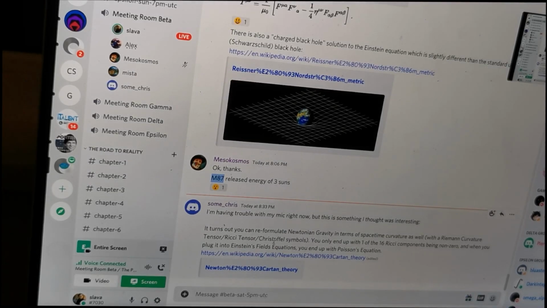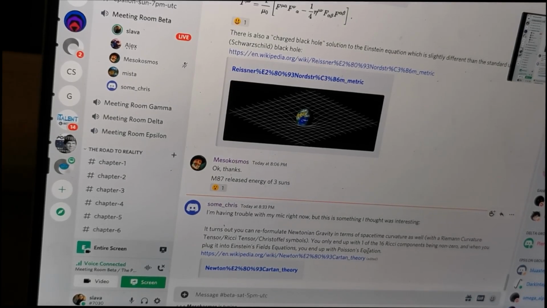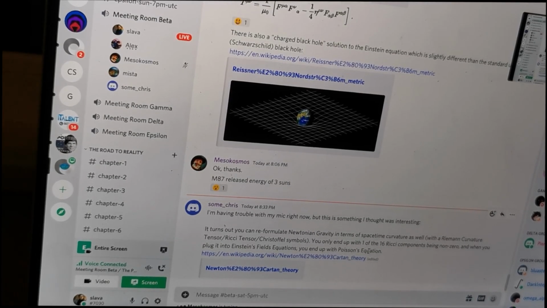I'm seeing that Chris sent us some information about Newton-Cartan theory. That's exactly the theory Penrose was talking about, Chris, in chapter 17. We've been discussing that, probably in 17.5 or so, about 2 months ago.